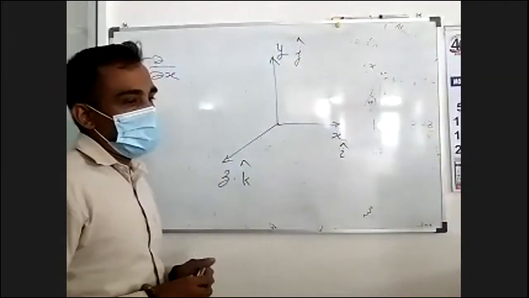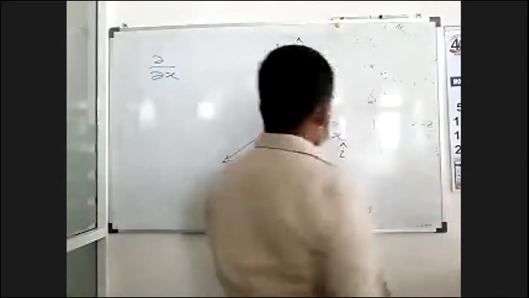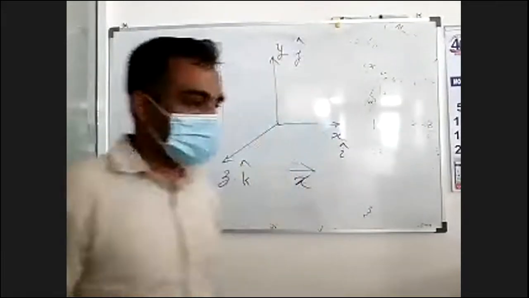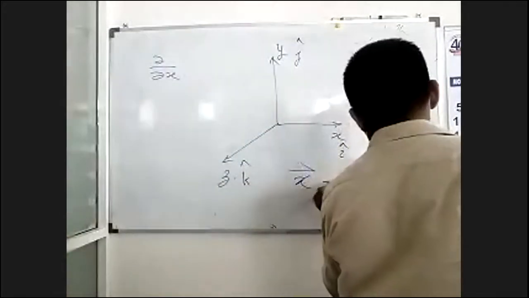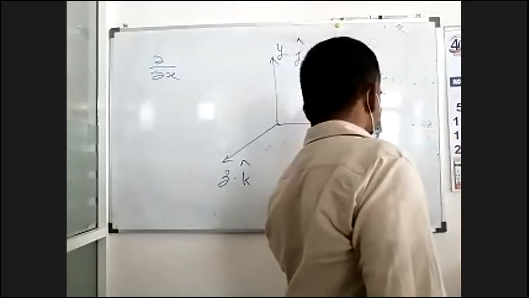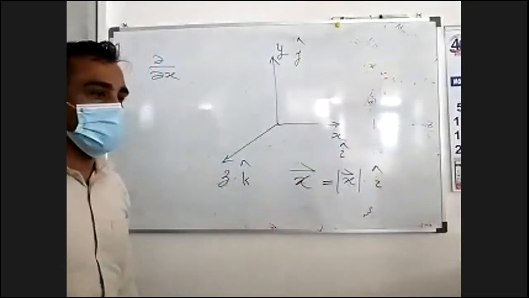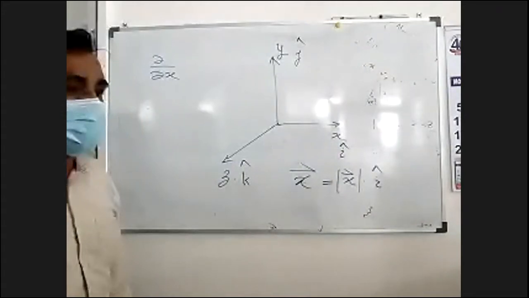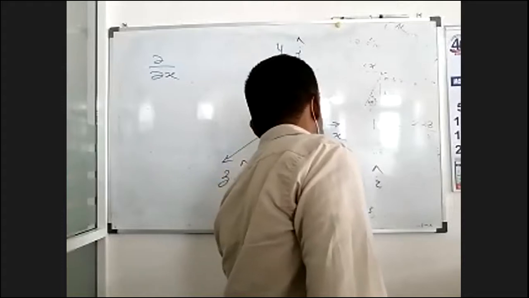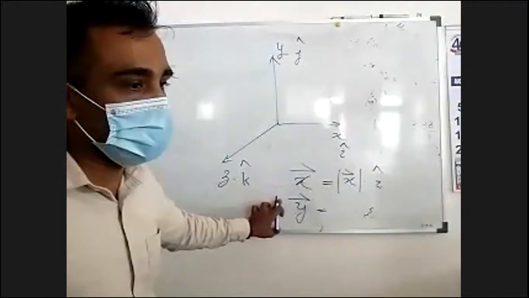If there is a vector in the x direction, x can be expressed as the magnitude of x times i. Clear? Yes, sir. Similarly for y, this half arrow means it's a vector.